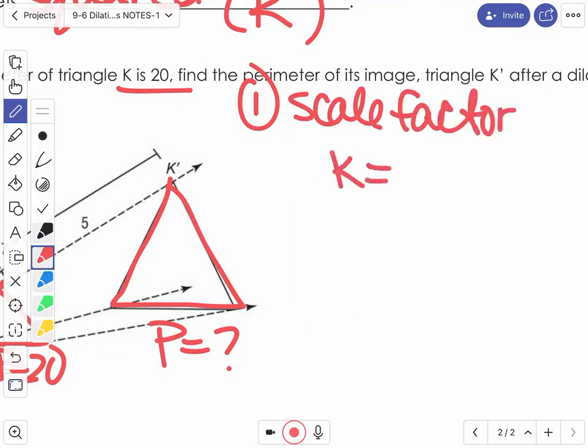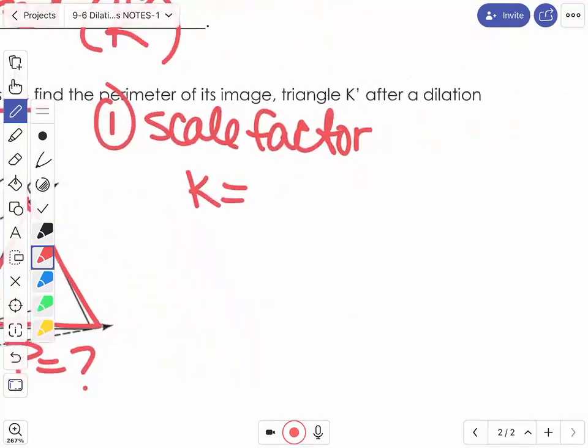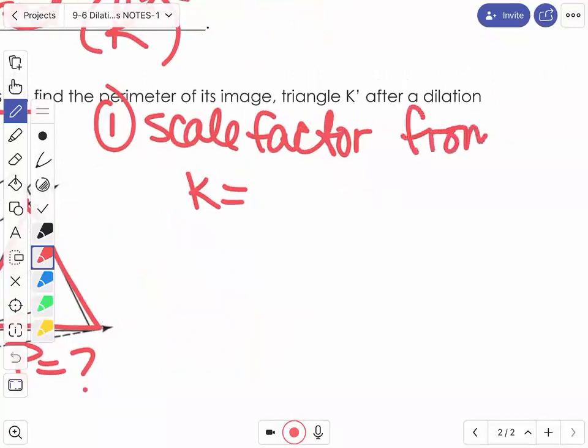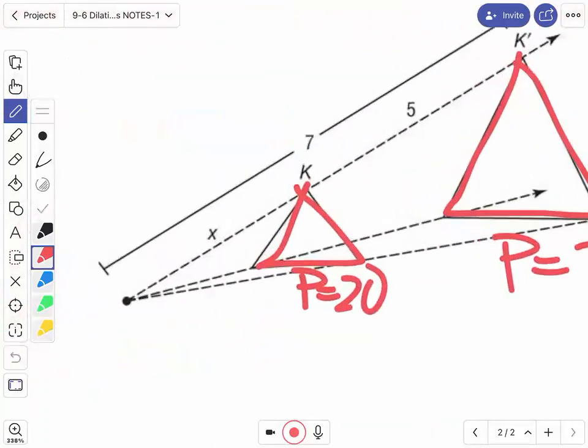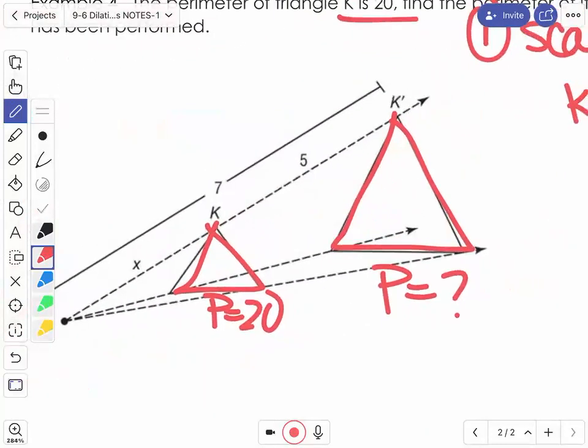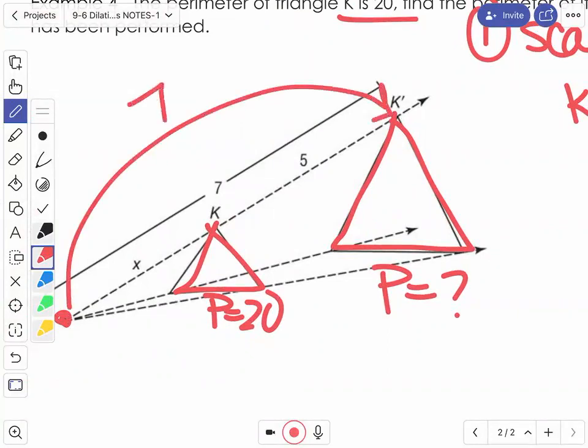So k equals. Now, to find that scale factor, it has to be from the dilation point. So let's go back to our picture. We've got our dot here. There's our dilation point. To get to K prime, we went 7 whole units.